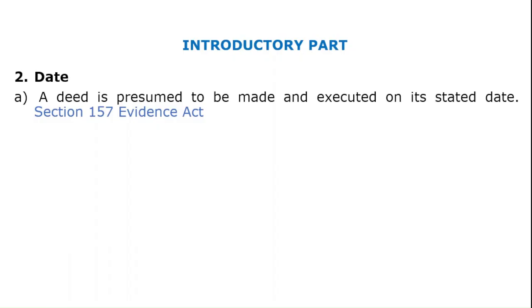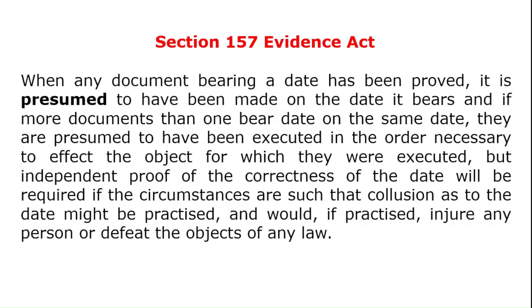And when you look at the provisions of that section 157 again, I said you should underline that word but, right? It says, but independent proof of the correctness of the date will be required if the circumstances are such that collusion as to the date might have been practiced. So that makes this particular presumption rebuttable.